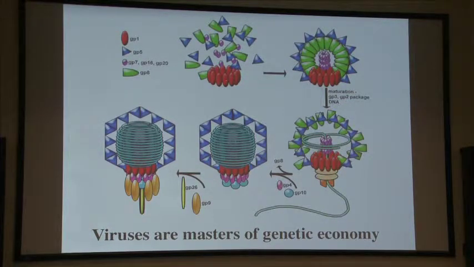In red is the portal protein that makes a dodecamer. Then through some organizational process that we don't understand, we get this procapsid that is guided by the scaffolding protein, GP8, and brings in the capsid protein.